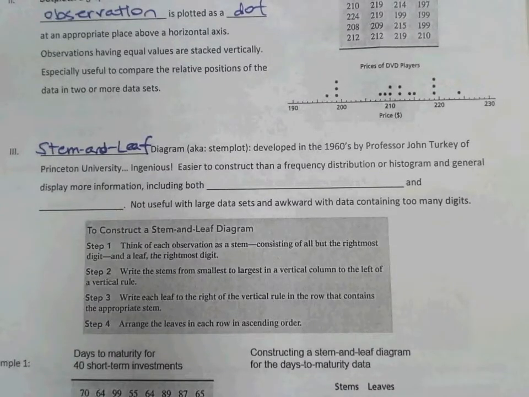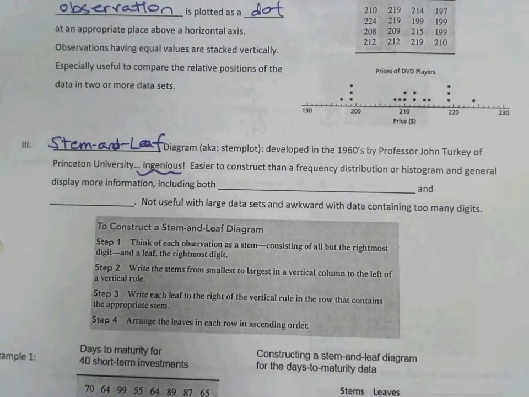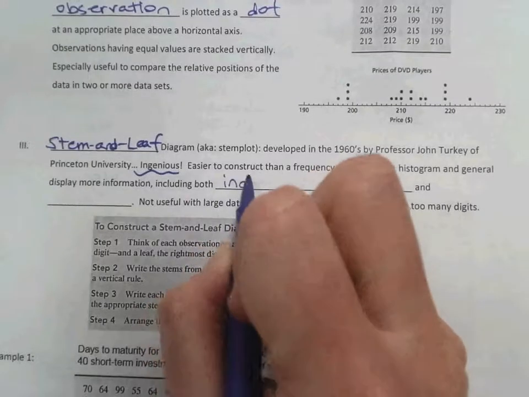So he comes up with the stem and leaf diagram. So cool. Even in the book it says ingenious. That was a word in the book. So it's easier to construct than our frequency distributions or histograms, and generally displays more information, including both individual scores and intervals.